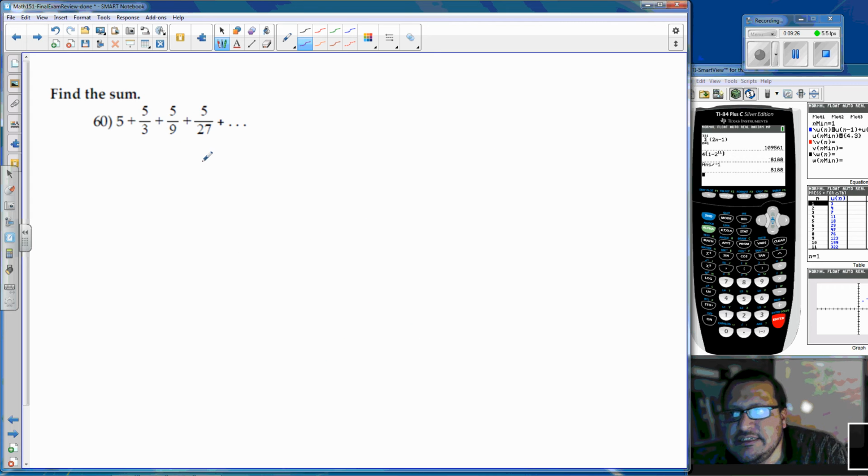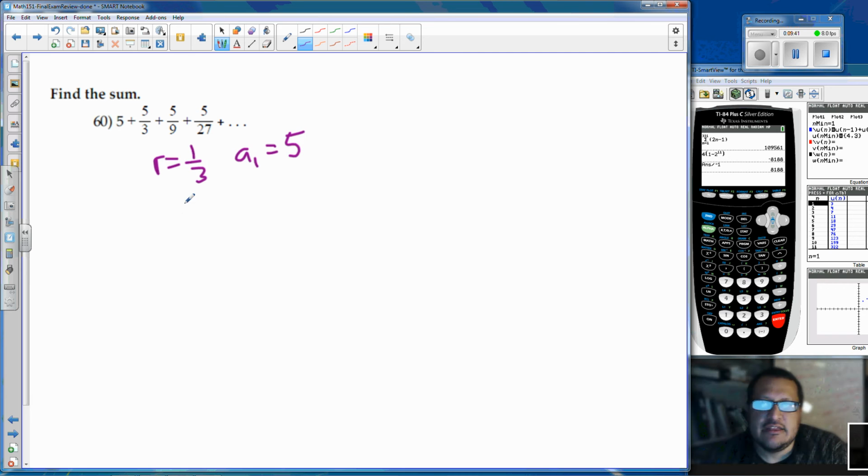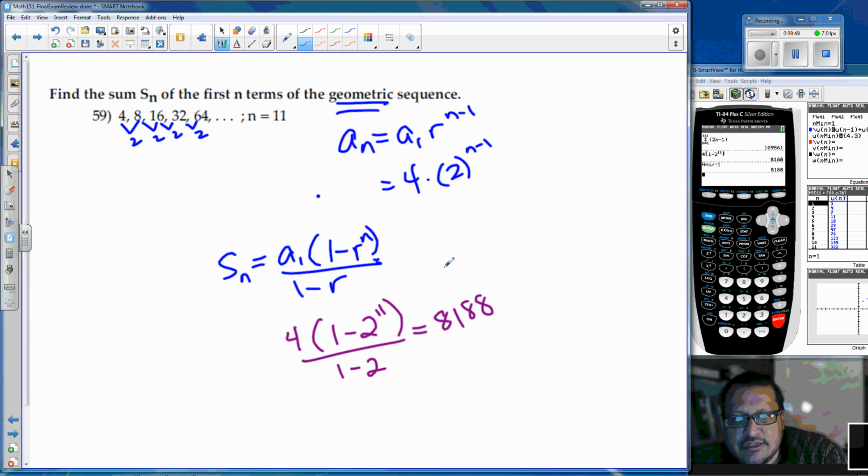And last but not least, find this sum. This looks like it goes down by a third each time. So r equals 1/3, a sub 1 equals 5. Now this is an infinite sequence because it goes on forever. This formula here is like the last one. Now what happens here when n goes to infinity?